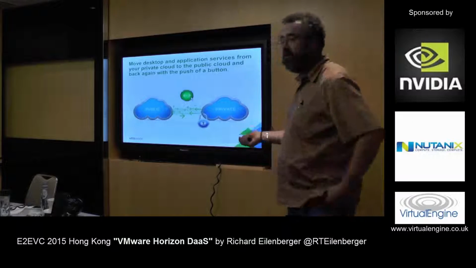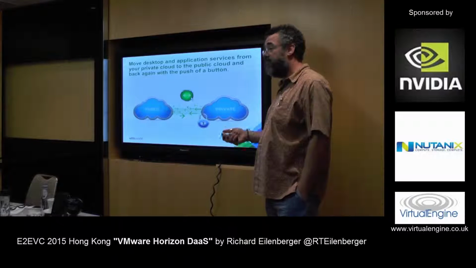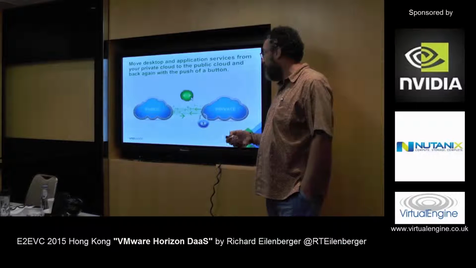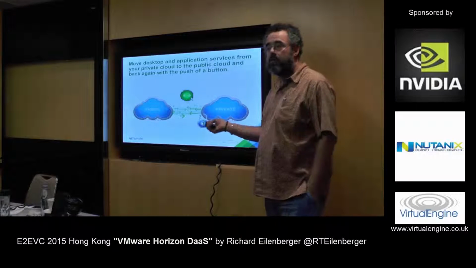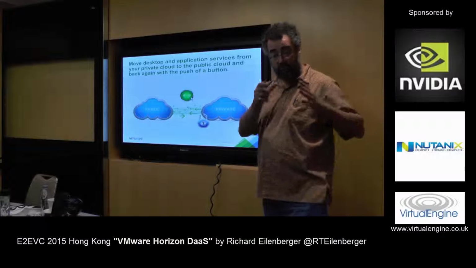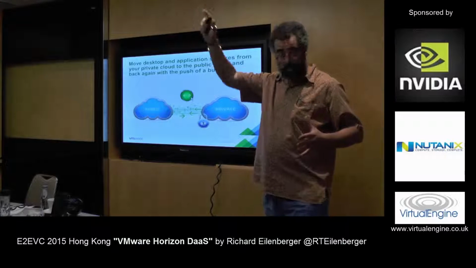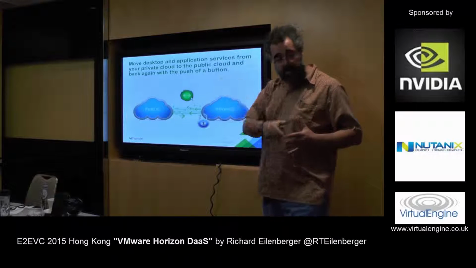This is going to be a big part of the conversation in the September timeframe as we get into VMworld. And this is the north and south traffic. When I say north and south, you know what I mean? Private public? Yes. So I want to move something from my private cloud up to the public cloud, north-south. I want to go north to the cloud, south back to me.